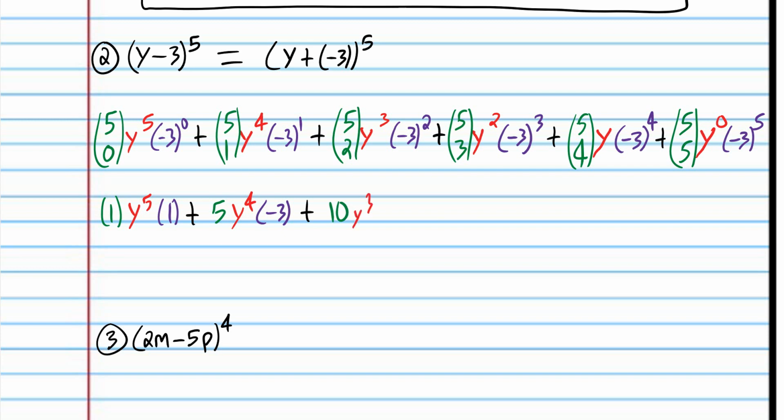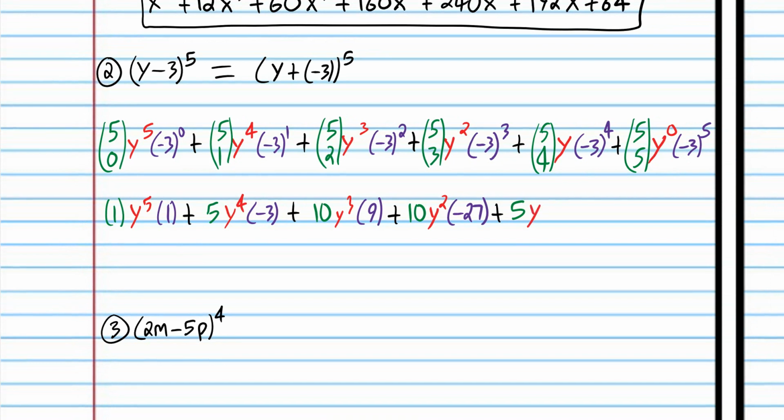Negative 3 to the second power is 9. And then we have to go to a calculator again. 5 choose 3. That's going to be 10 again. Negative 3 to the third power is negative 27. And again, whenever r is 1 less than n, it's just going to be n, whatever n is, that's 5.